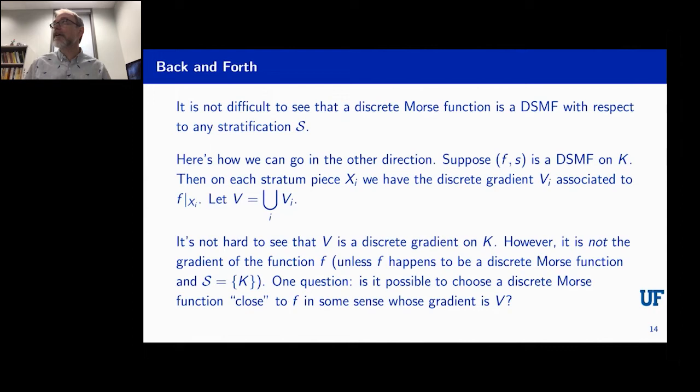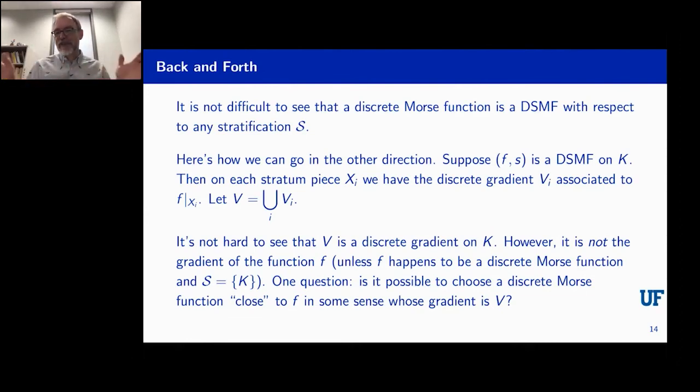Not too hard to see. Reason being, because the pairings all take place inside of strata, you're never going to leave a stratum with a V path. So if you start looking at gradient paths, they stay inside strata. They don't leave them. And since there aren't any loops inside of any given stratum, you don't have any loops globally. Now, it's not the gradient of the function f, unless you happen to have started with a discrete Morse function in the trivial stratification, where it's the whole space.